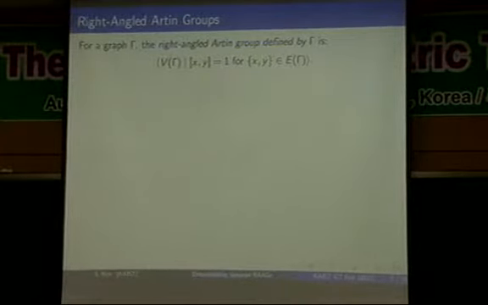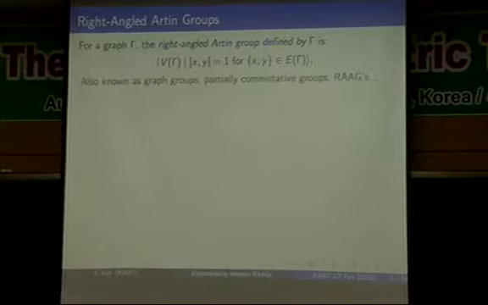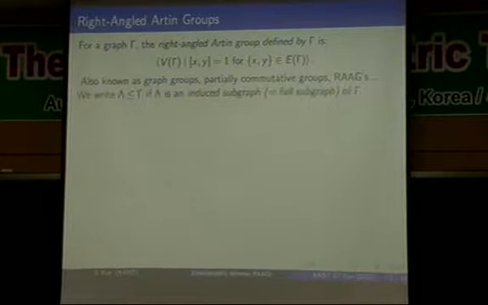So there are commuting relations and vertices are the generators. Previously known as partially commutative groups or semi-free groups or graph groups, or more affectionately called RAAGs, an acronym for right-angled Artin groups, they satisfy certain nice group theoretical properties.